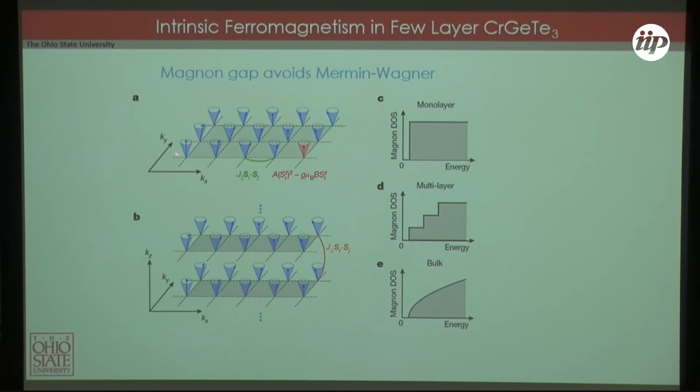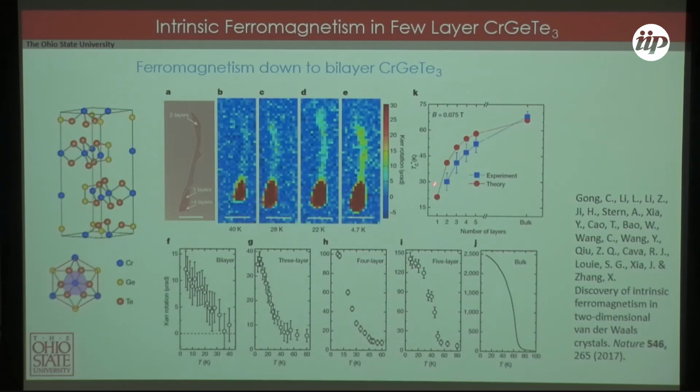This system has coupling, some anisotropy, which is the A, and then Zeeman. This opens up a gap, which allows the ordering to be stabilized. In terms of the magnons, you're pushing away these magnons that could destroy the order out to higher energies. That's how they describe this, and based on these calculations, they're able to get a theoretical curve. And this is the experimental curve.